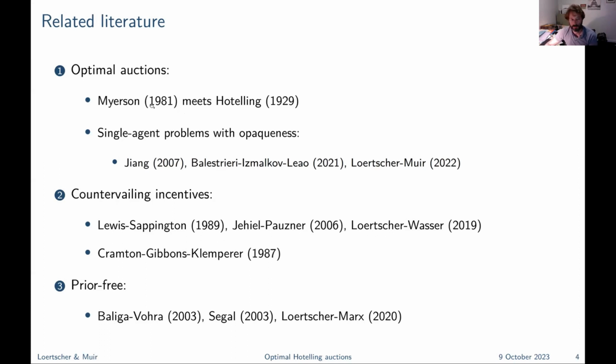Where Myerson's optimal auction is more general is, of course, that he allows for heterogeneous distributions across the agents. Single-agent problems of the Hotelling model with uniform distributions have been studied previously in the marketing literature by Zhang, and using a mechanism design approach by the paper by Ballester, Malkov, and Lea in the Journal of the European Economic Association.